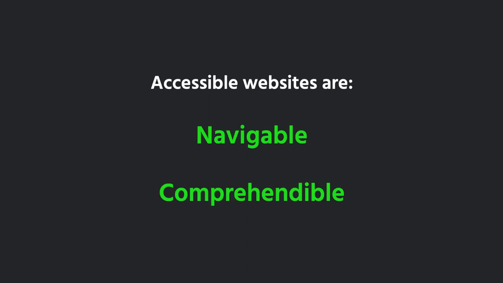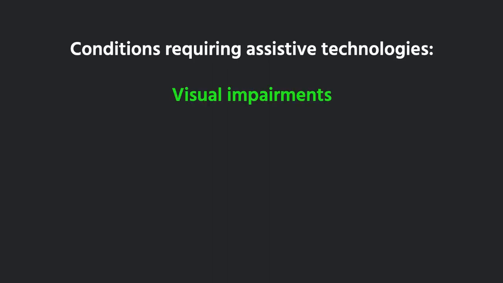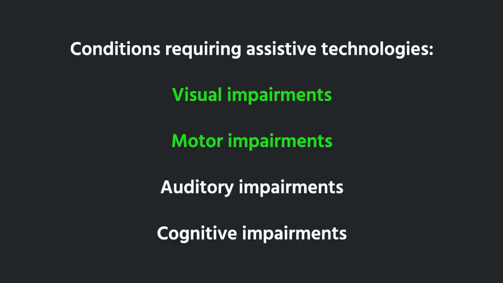And there's a lot of different conditions that people may have that make it hard for websites to have these two things for them. Those are things like visual impairments, motor impairments, auditory impairments, and cognitive impairments. And we're mostly going to be talking about visual and motor impairments today. These are the ones that most directly impact the work that we do here.